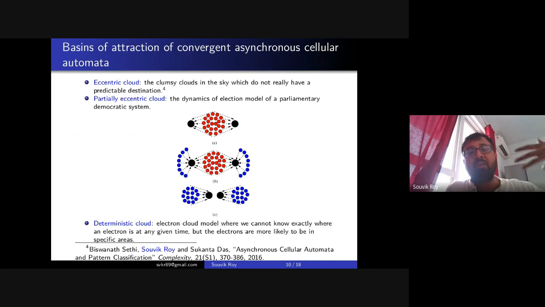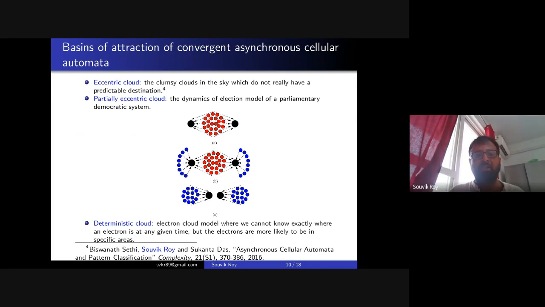We named these dynamics cloud systems. One is the asymptotic cloud system, where all the initial configurations may go to both of the attractors. Here I'm giving the example with a 2-attractor system, but it is also true for multi-attractor systems. In the first case, all the configurations have some probability of going to any of the attractors. This eccentric cloud is something like the clouds in our sky, a cloudy sky.